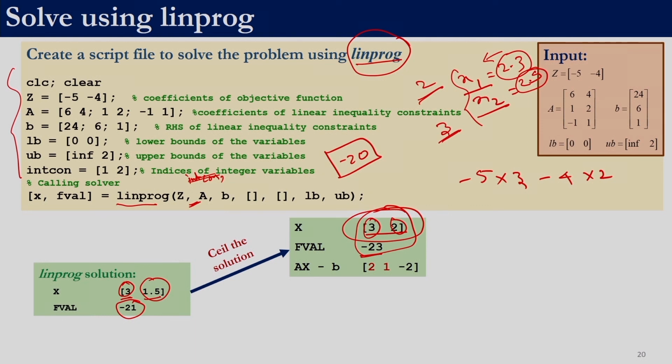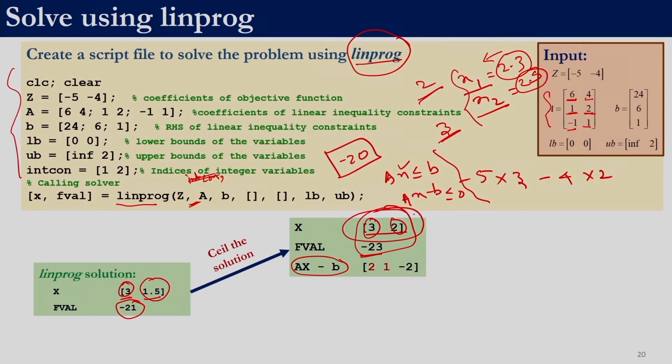What we can do is substitute this value of x1 and x2 into these constraints, and find out Ax minus b. Remember our constraint is Ax less than or equal to b. Now we have x given by 3, 2, and we have this A, so we multiply A with x, minus b, which should be less than or equal to 0.